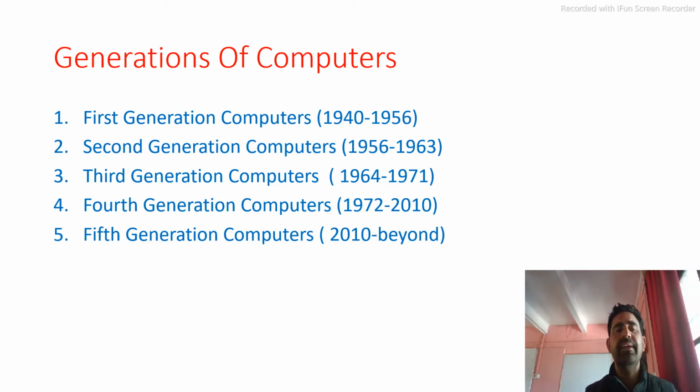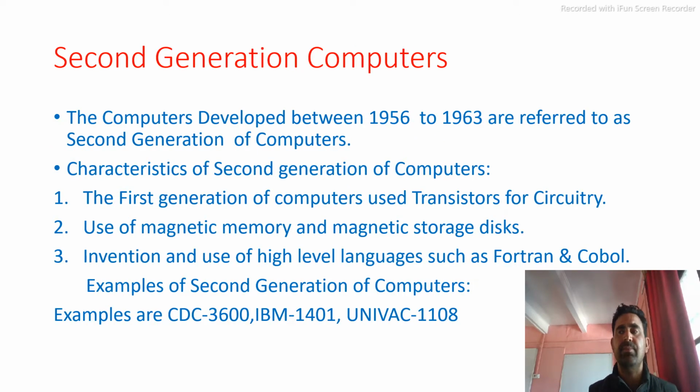So we have already discussed first generation of computers, and today we will discuss second generation computers. The computers developed between 1956 and 1963 are referred to as second generation computers.